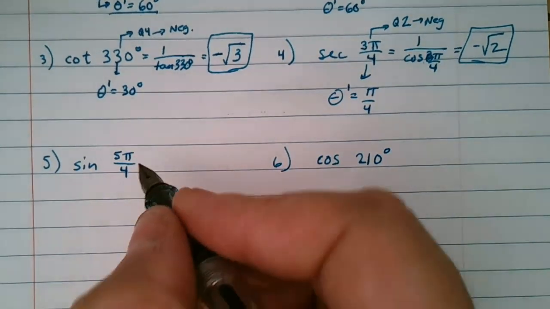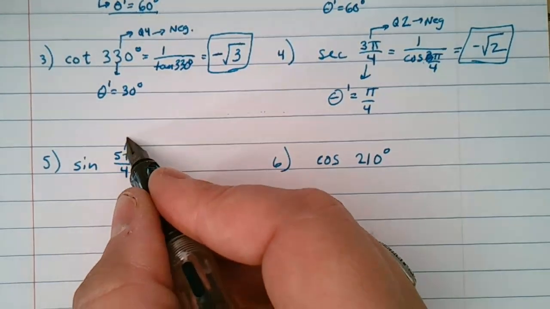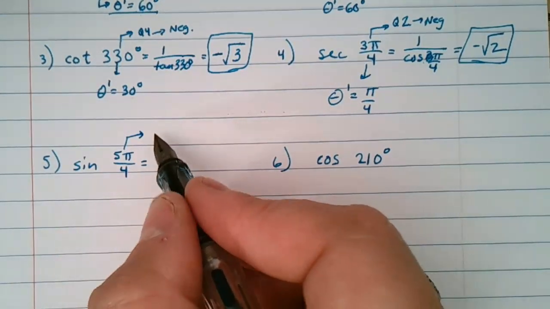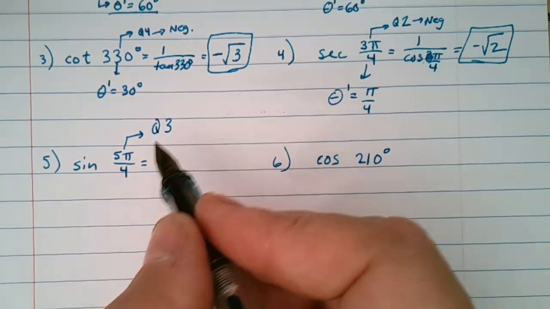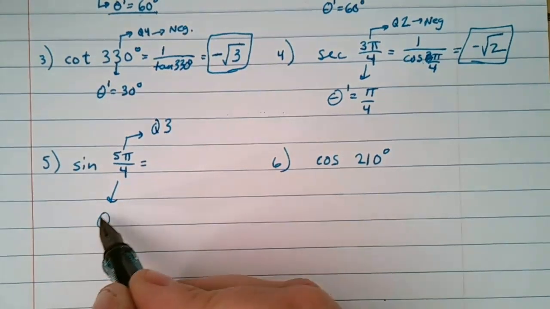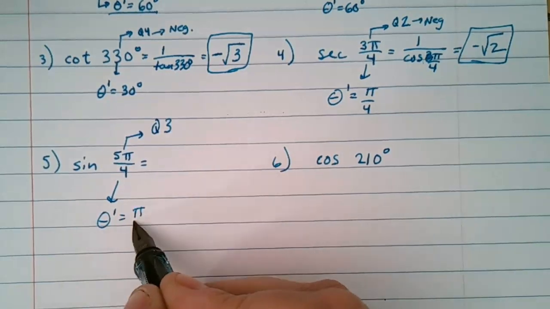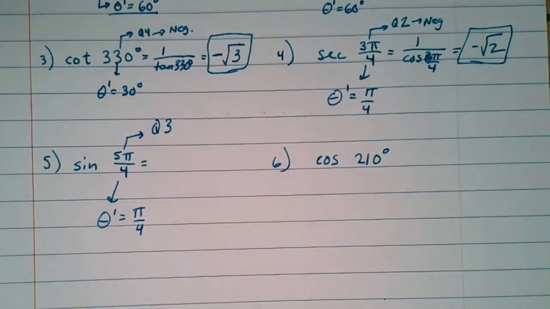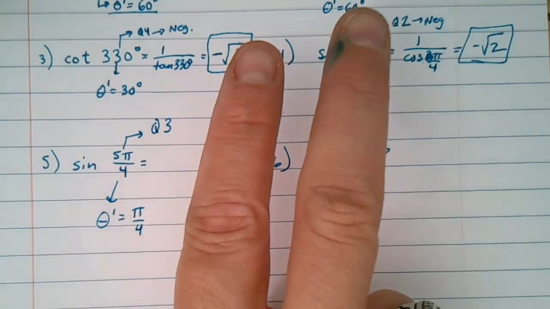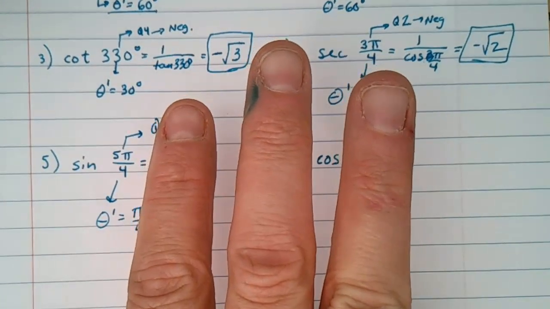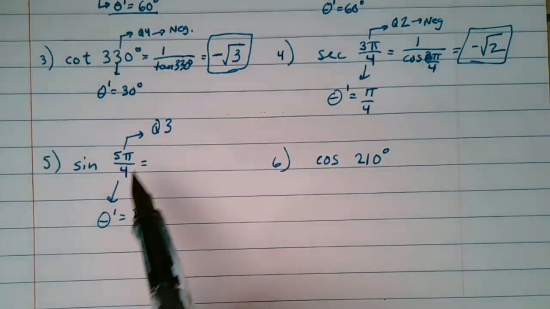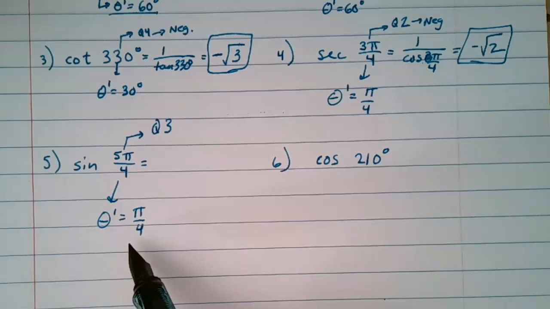Okay, so let's do these last two here. Sine of 5 pi by 4. What do I know? Well, 5 pi by 4 is a little bigger than pi. So that means I'm in quadrant 3. And the reference angle is pi by 4 because that's what the denominator is. Cool. All students take T. What does that mean?